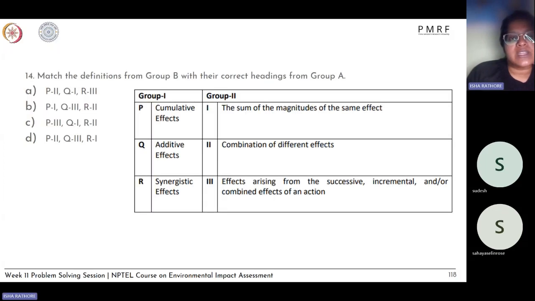Okay, so moving on, match the definitions from group B with their correct headings from group A. So again, the definitions and terms. So we have cumulative effects, additive effects, and synergistic effects.